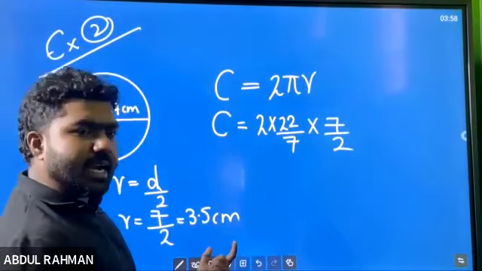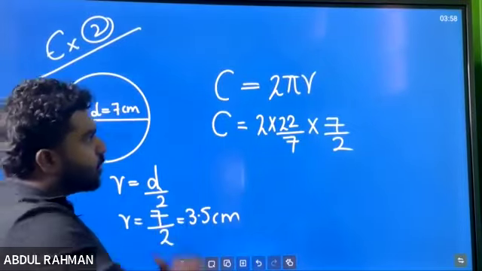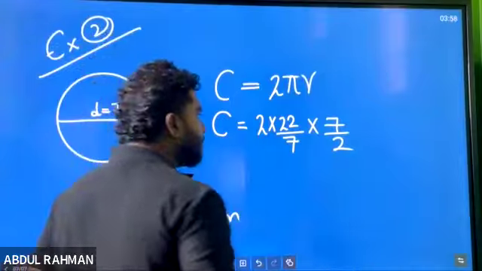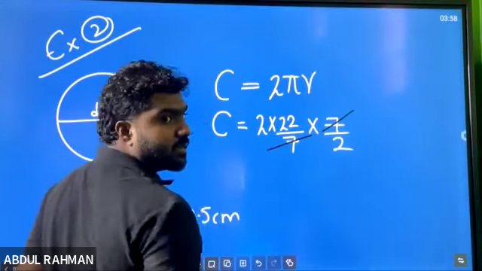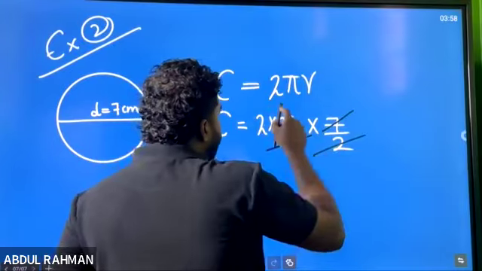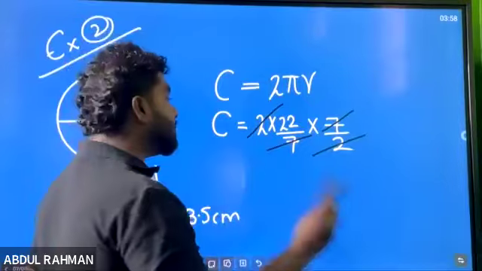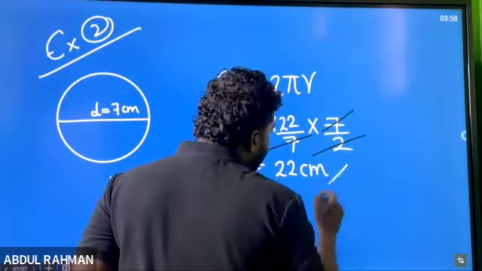Instead of finding the final answer, I'm substituting this in the place of radius. Done. Now I can cancel this 7 and this 7. I can cancel this 2 and this 2. Who is remaining finally? 22 is remaining. So 22 centimeters is your answer.